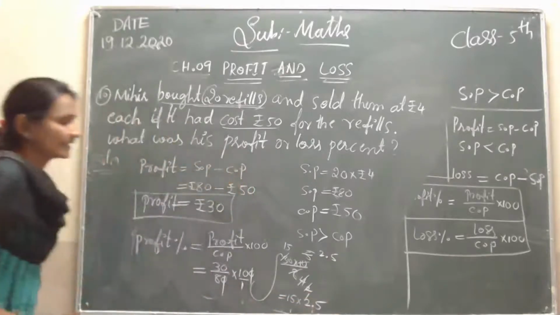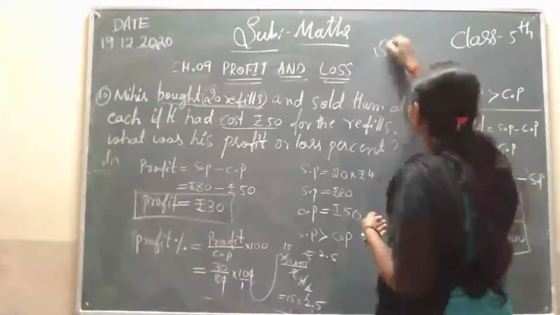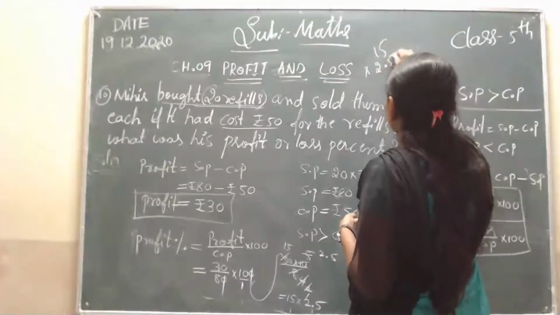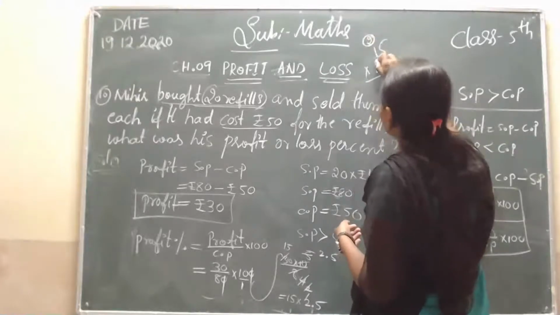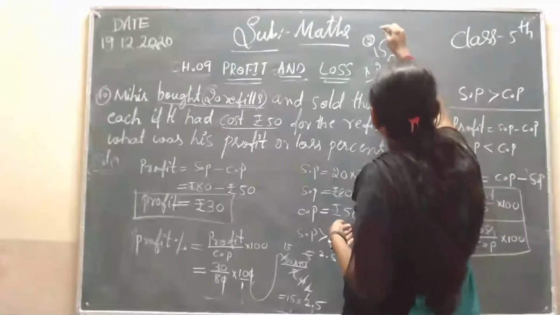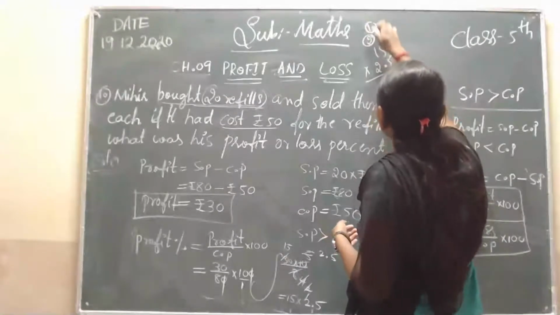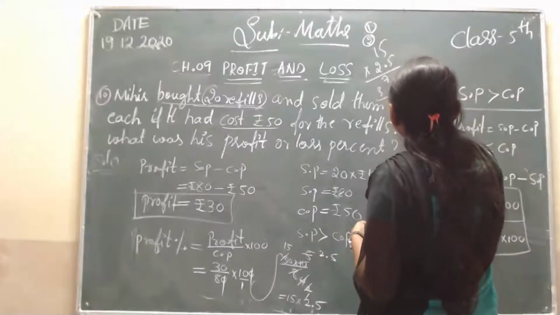You have to calculate 15 into 2.5. 5 fives are 25, 2 comes here. 5 is 5. Again 7. So plus 2 fives are 10, 1 comes. 2 ones are 2, plus that 2, so that is 3. Students, 3, 7. What is the value?